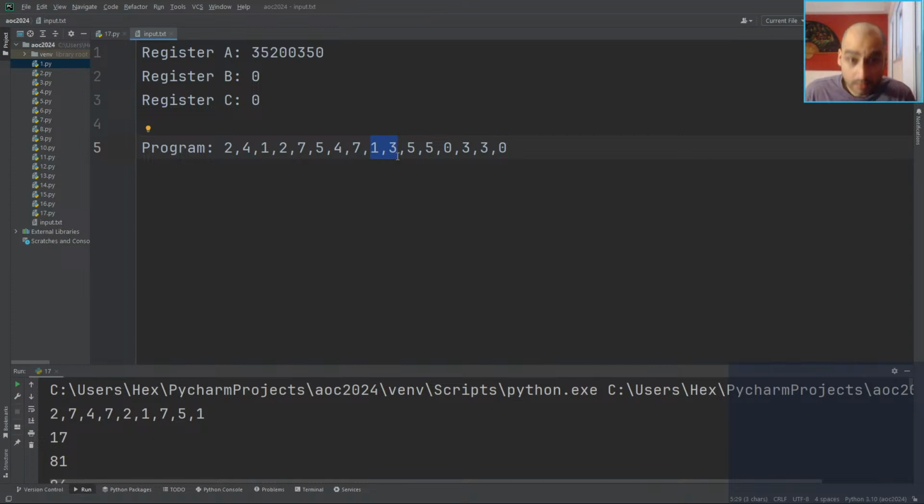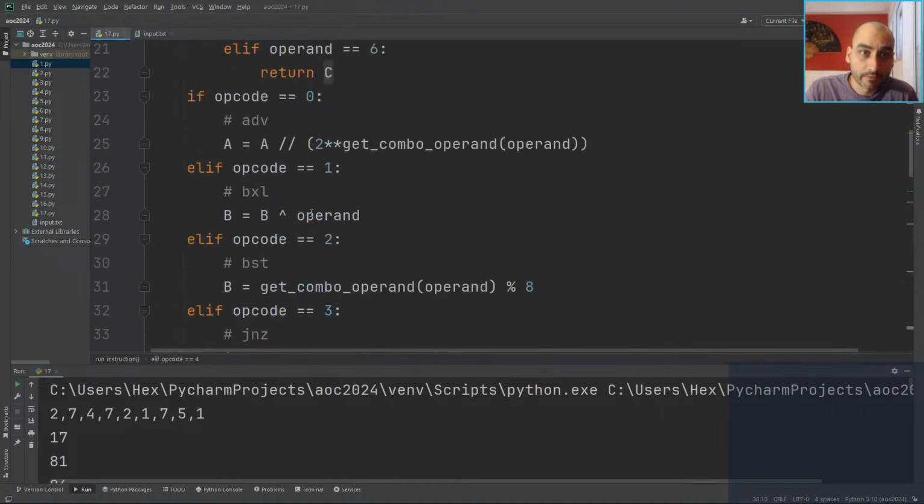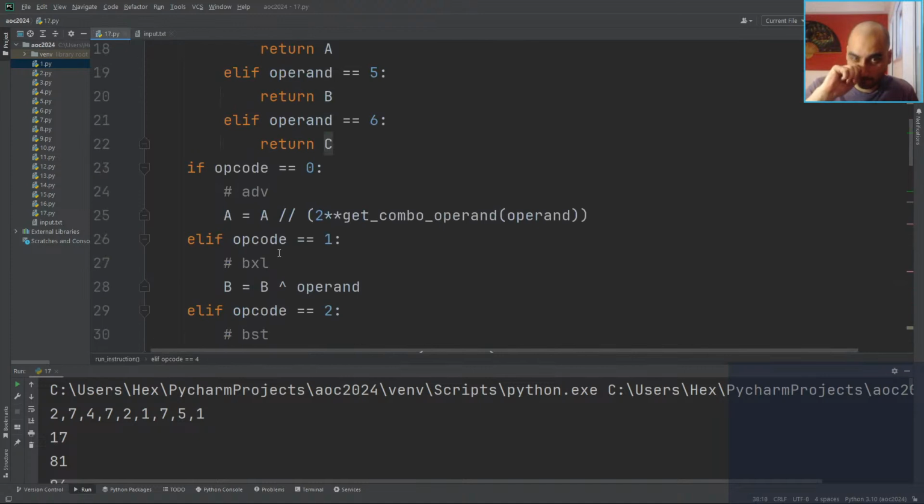Then we go 1, 3. B equals B XOR operand, with the operand being 3.